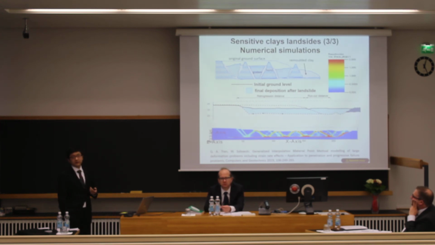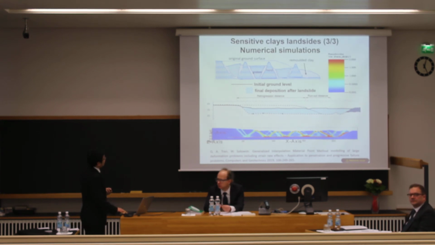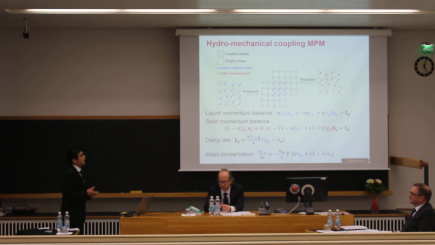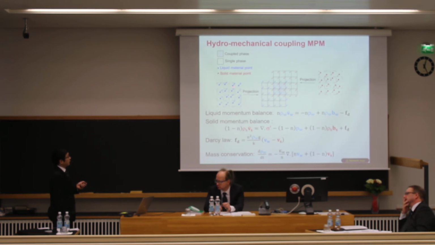So we do not consider the development of water pressure, and therefore we implement the hydrodynamic coupling in order to understand the water pressure. Here we are using the double point material point method, where the liquid particle is the blue dot here, and the solid particle is the red dot here.